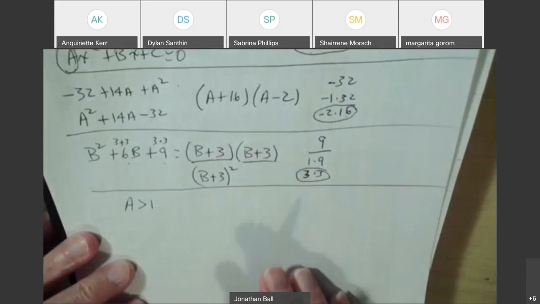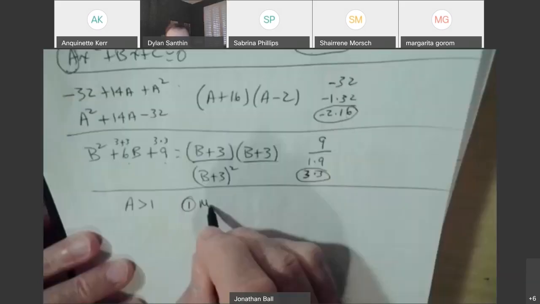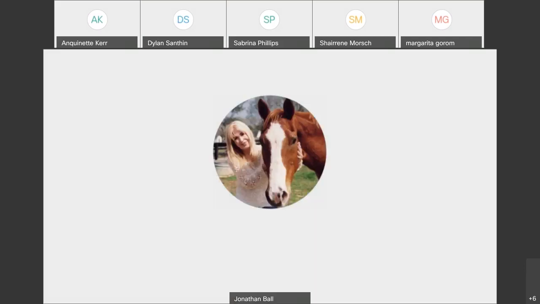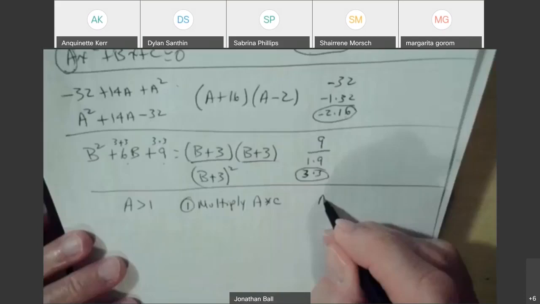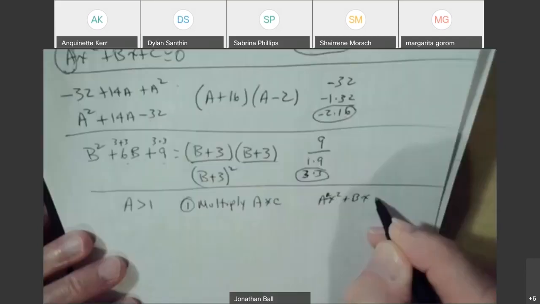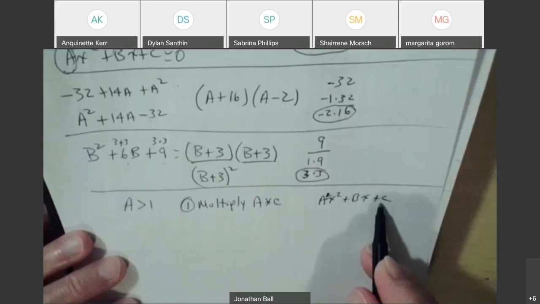The first step is you multiply a times c, remember, we have ax squared plus bx plus c.